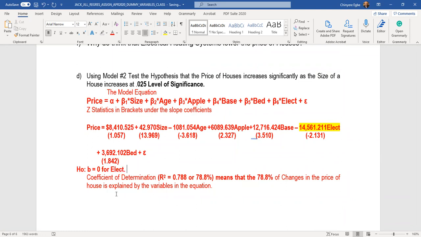That is to say, having electrical heat system has no significant effect on price.